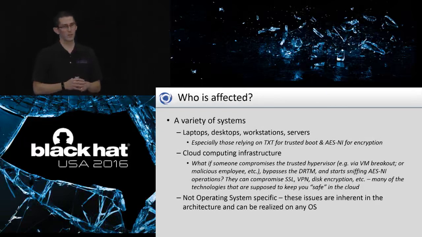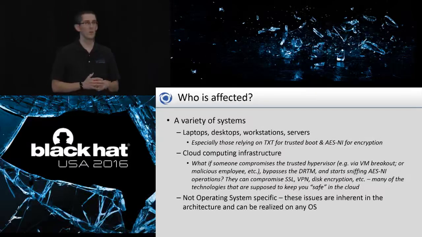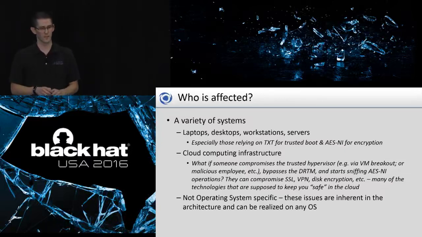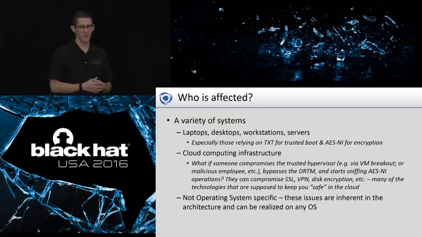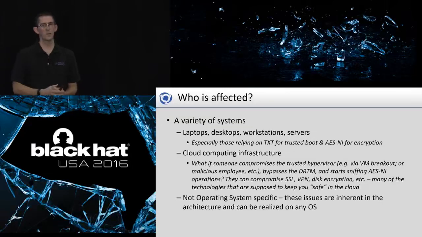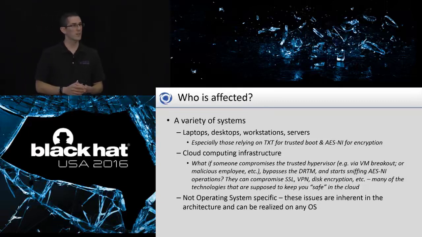All right, so now let's talk a little bit about who's affected by these types of things, by undermining AES-NI and TXT. There's a variety of systems that use AES-NI for sure: desktops, laptops, servers. But when you put these two sets of technologies together, cloud infrastructure is the one that is impacted the most, right?